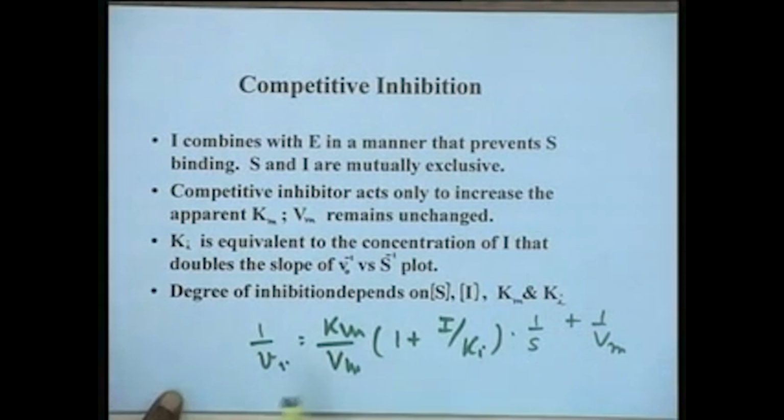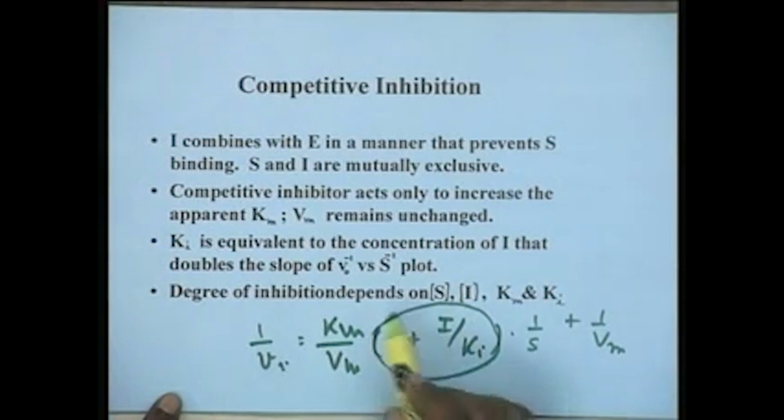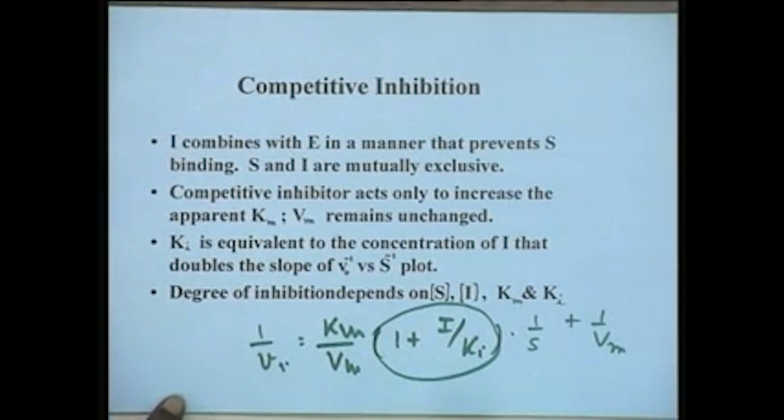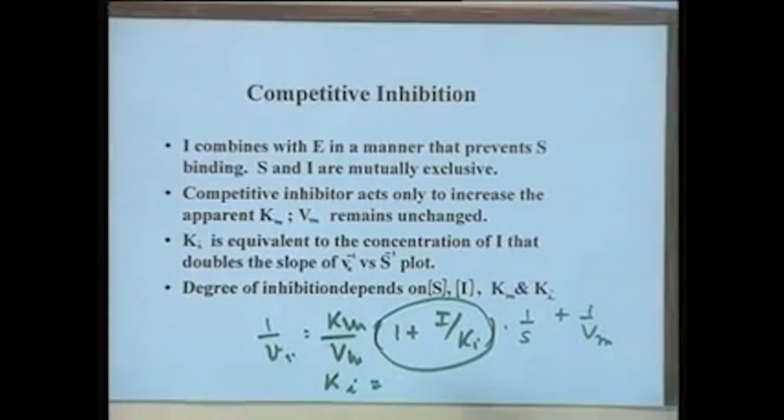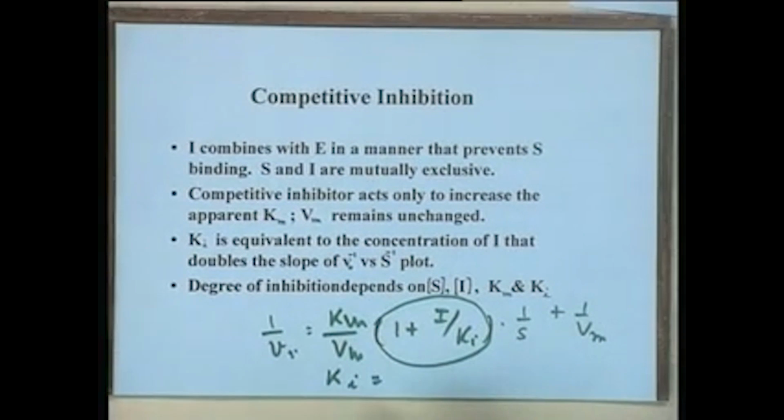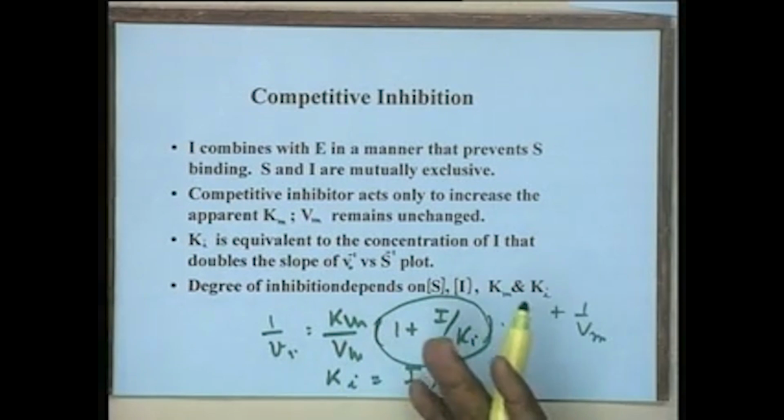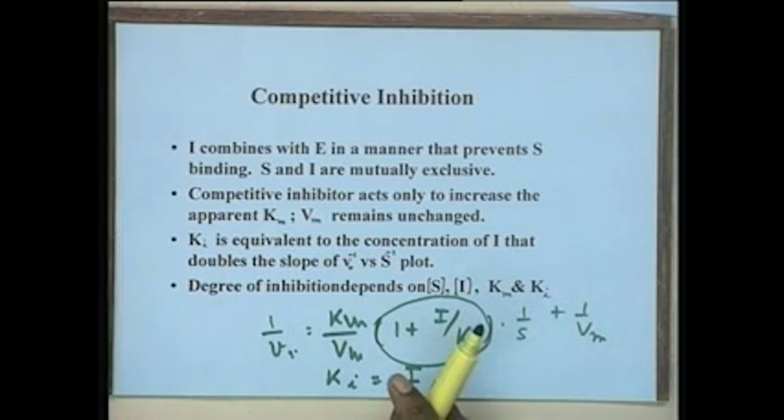The Michaelis-Menten constant is modified by the amount 1 plus I over Ki, and therefore the value of Ki essentially is equivalent to that concentration of the inhibitor at which the slope of the double reciprocal plot is double. That means from the initial slope the value of the slope doubles, and that concentration of inhibitor gives you the magnitude of Ki.